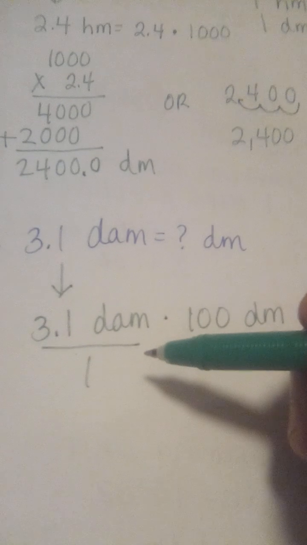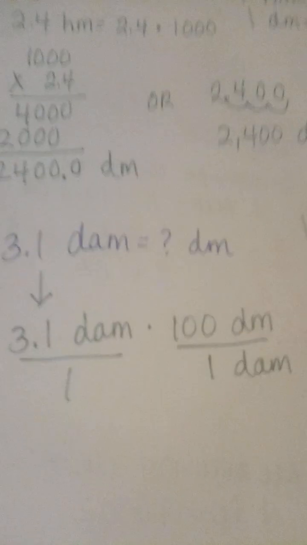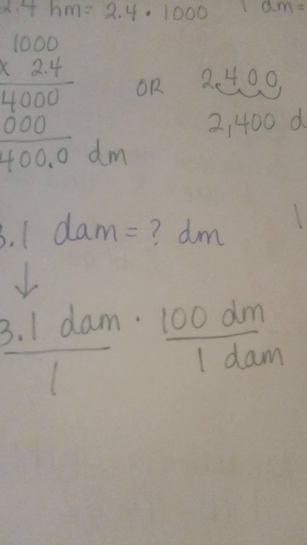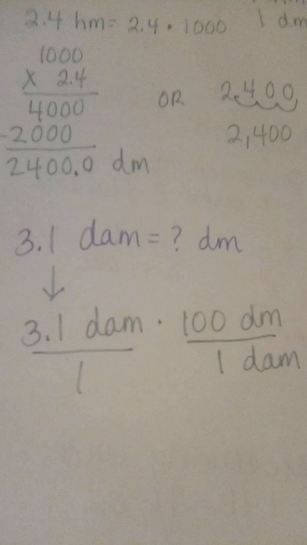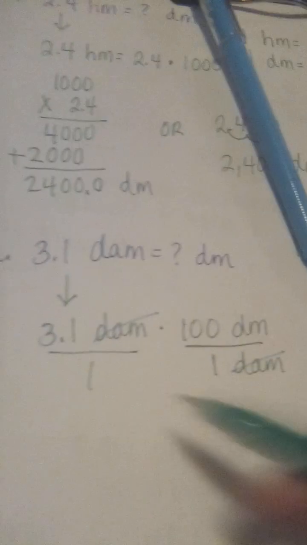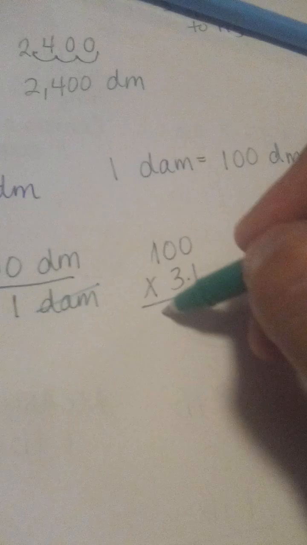You put it over 1, like in conversion, right? Now we got this so far. 3.1 decameters over 1 and 100 decimeters over 1 decameter. So far, so good. Then we cross out the common. And then we have 3.1 times 100. I'll go this easier.